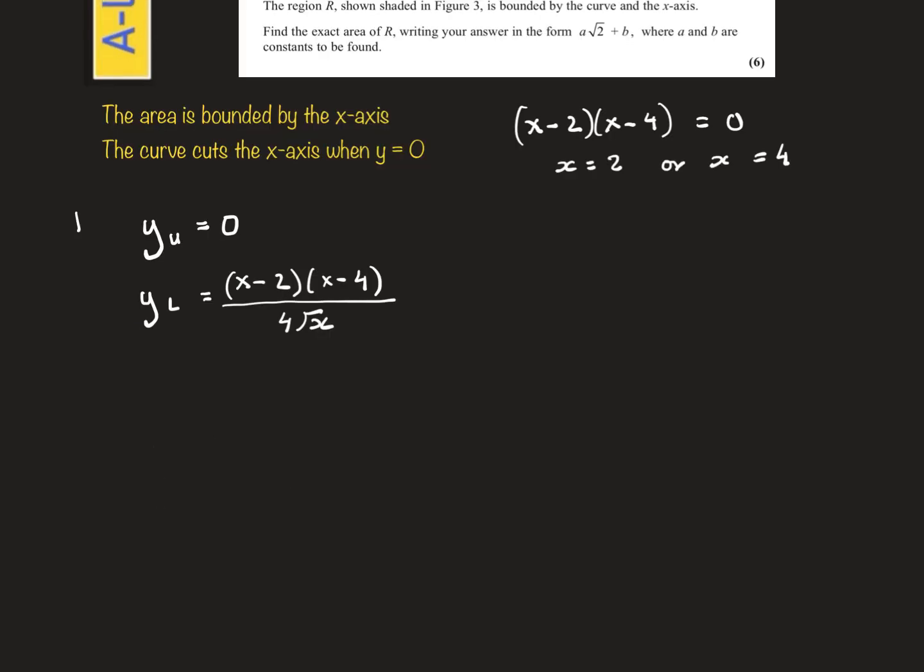So if y upper is 0 and the lower boundary is that function, therefore the area will be equal to the integral of the upper function minus the lower function dx. And most importantly, we need to know the boundaries. They are from 2 to 4.